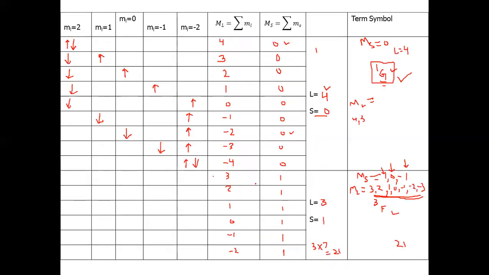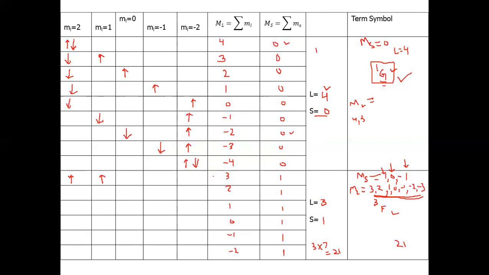Okay, now we know we need these values. Now we will assign the microstates corresponding to these values. Now we need ML equal to 3. This is only possible when one electron is in the orbital with ml equal to plus 2 and the other with plus 1. Now we need MS equal to 1, so we take both the electrons with upward spin.